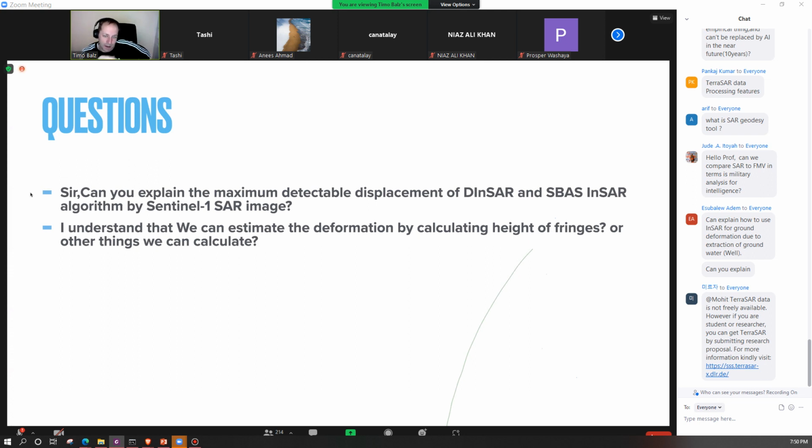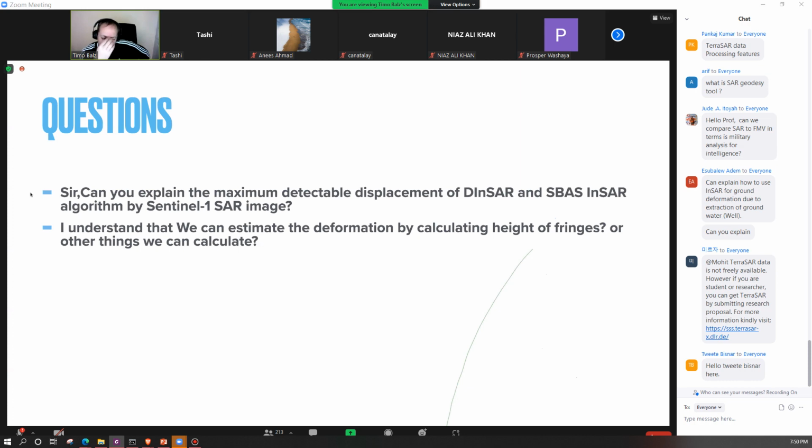So if you have Sentinel-1, from a pair of images, the maximum displacement would be 2.6 centimeter. However, it's not so easy, because if you have a deformation that is smoothly increasing in space, right, then you can unwrap the different fringes.